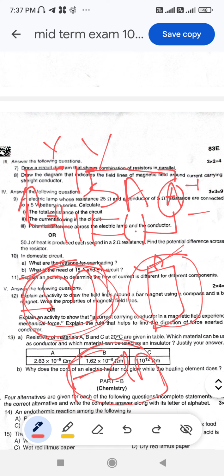So in this manner we will say that different components need different electric current. It can work in 2 ampere, it can work in 3 ampere, it can work in 6 or 7 ampere.